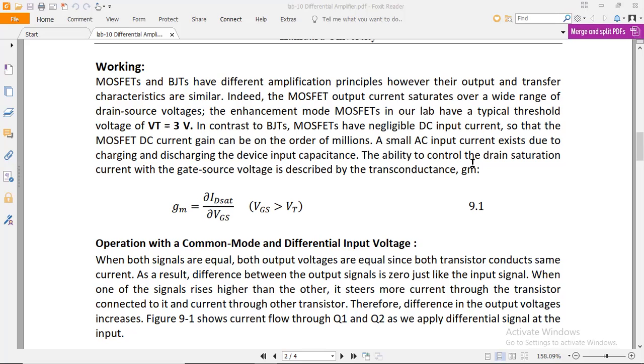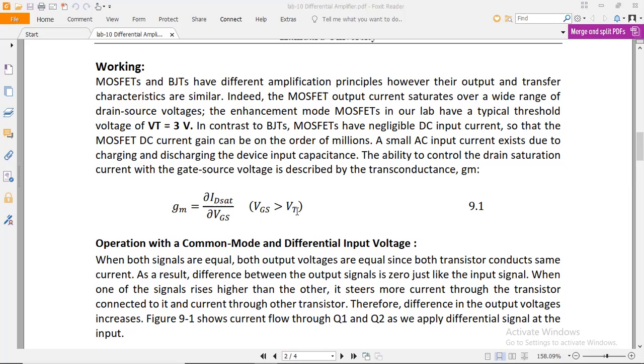The ability to control the drain saturation current with the gate-source voltage is described by the transconductance, gm. I already covered this topic. Transconductance is the ratio of the differential drain saturation current over the differential VGS voltage. VGS should be greater than the threshold voltage.